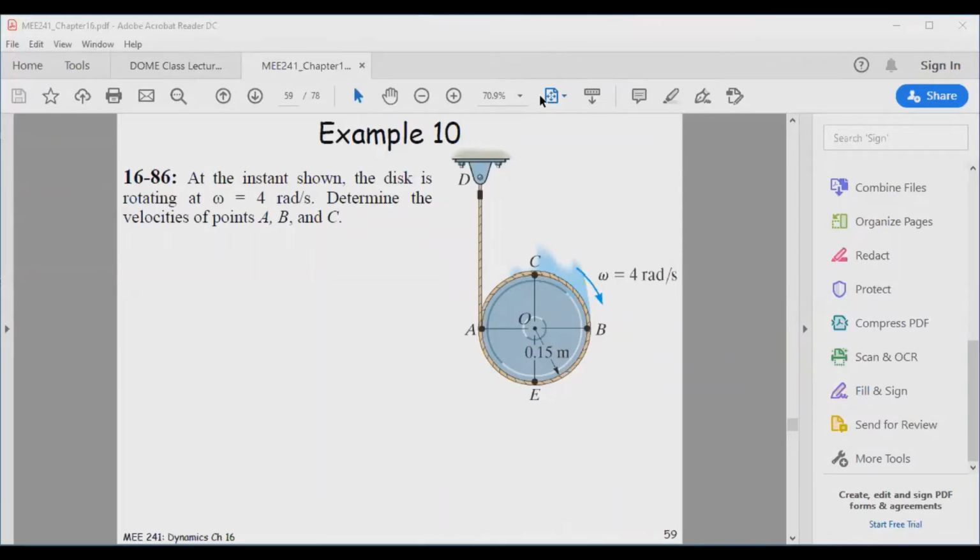It's not the center of the circle. Well, the center of the circle doesn't necessarily have zero velocity. Point O is moving downward, right? So point O doesn't have zero velocity. What point has a zero velocity? I need to use D. D, exactly. So point D has zero velocity.